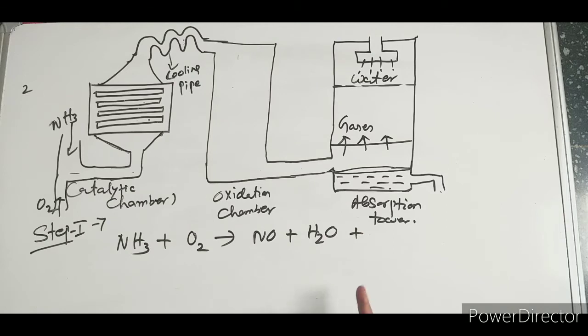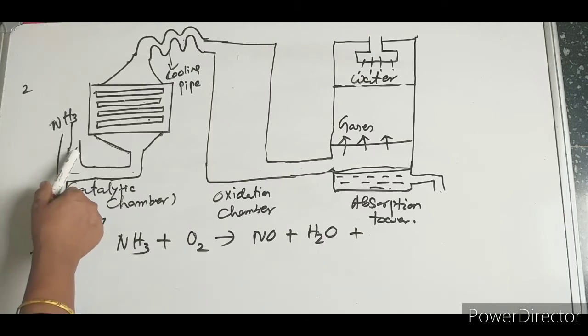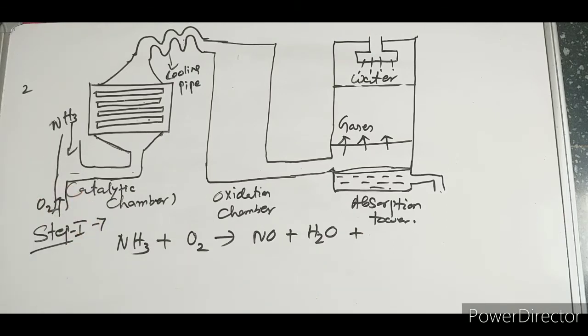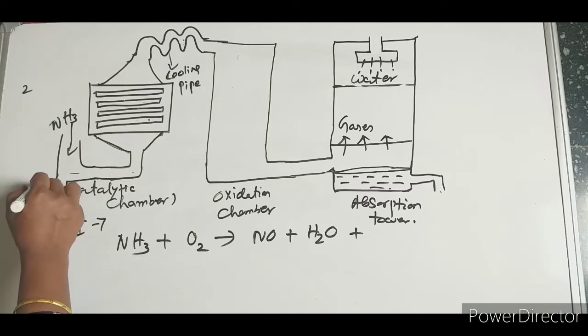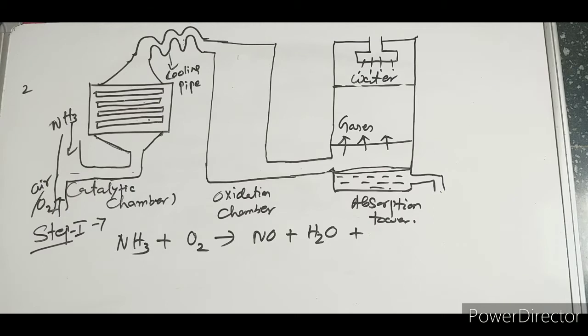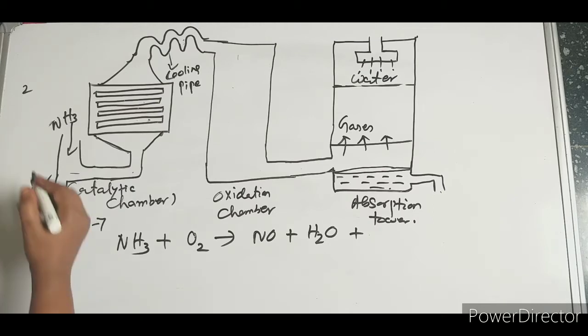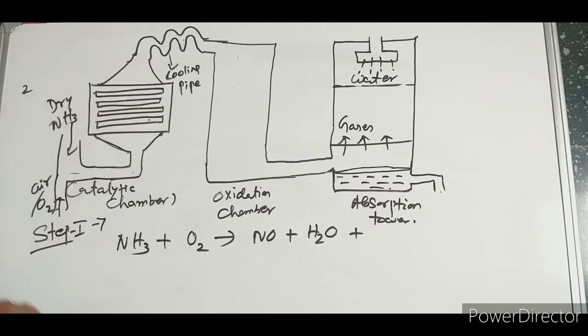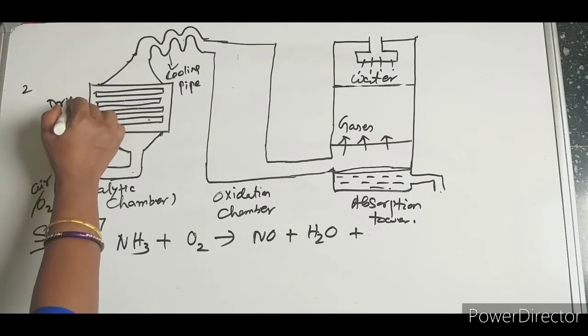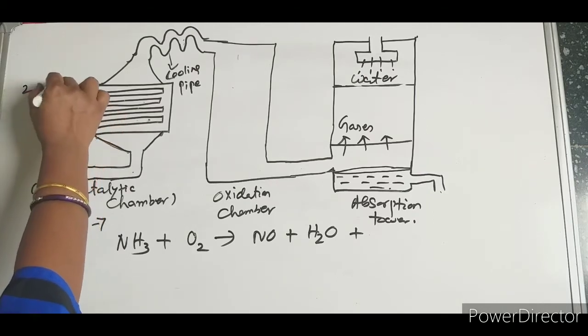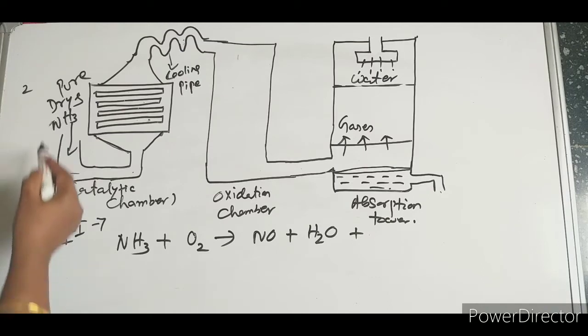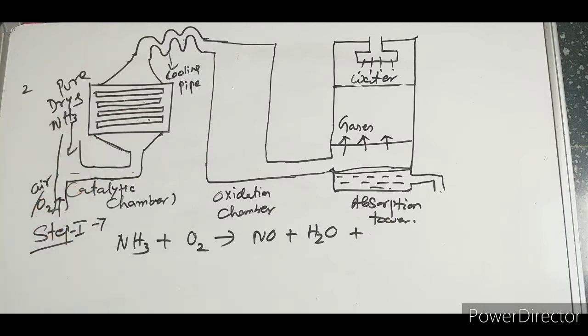Remember one thing, this should be pure and dry ammonia. Air can be taken, or oxygen can be taken. So we have to take pure and dry ammonia and air.